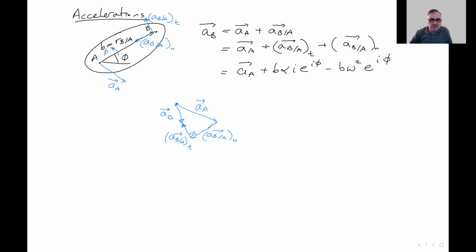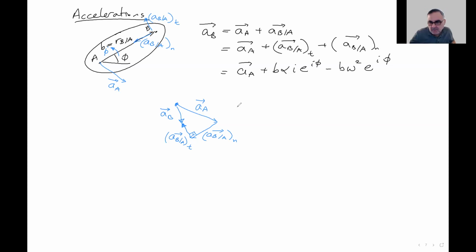AA plus AB relative to A normal plus AB relative to A tangential is equal to AB, in terms of the acceleration polygon, okay? It looks like a triangle, but it has to be a four-sided figure, okay?